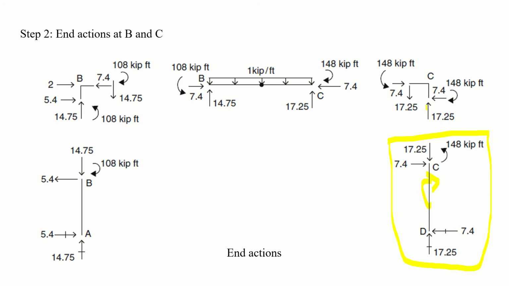Now in the column section, these are the forces and moments. So in the beam section, apply the equilibrium equations and satisfy them. So 7.4 rightward, opposite to this, 17.25 downward, opposite to this, and 148 counterclockwise, opposite to this. So now your joint C is in equilibrium. You are done with two members.